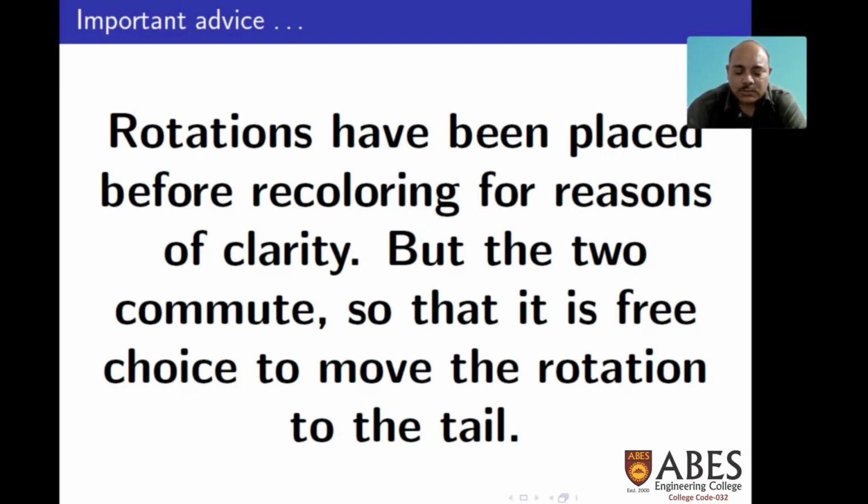So these two operations are only there. We can perform either operation first. If both the operations are needed, then we can first recolor and then rotate, or we can rotate first and then recolor. But my advice is firstly rotate and then recolor.